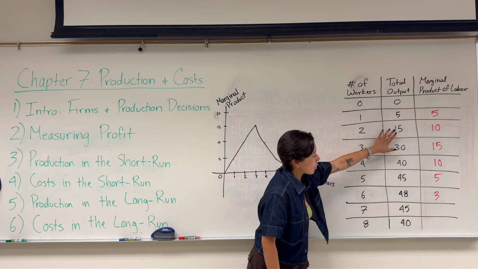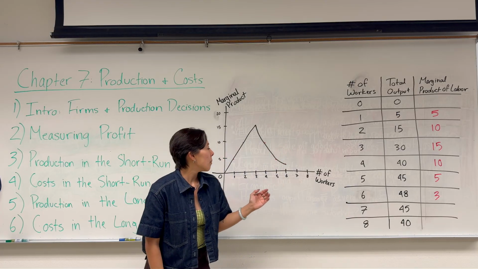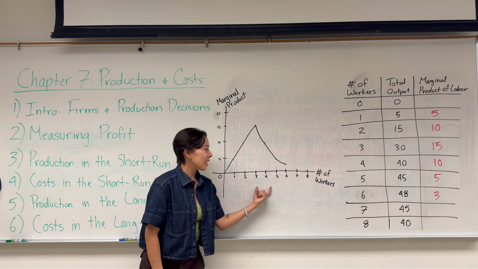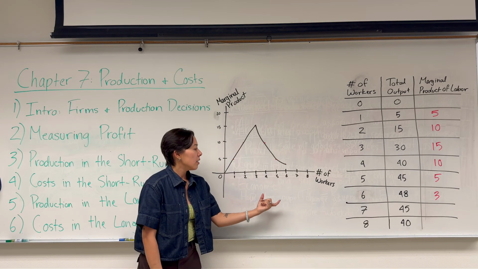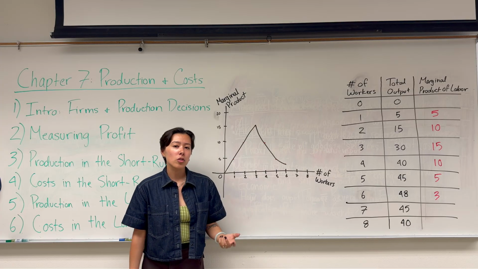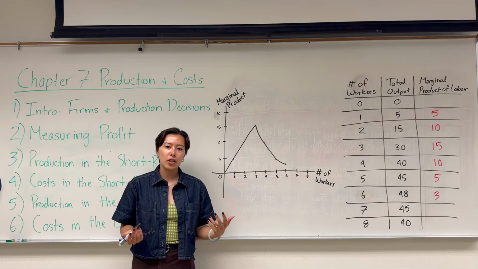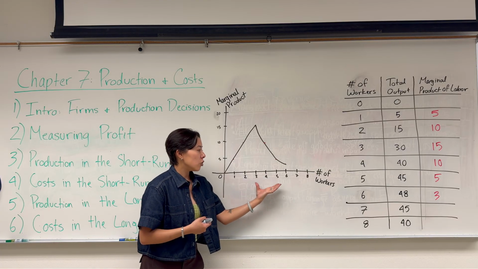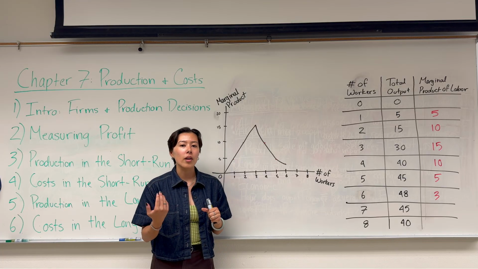Total output is still increasing as I continue to hire up until this sixth worker. But past 3 workers, each additional worker is less productive than the one that came before them. So at this point, when I'm hiring workers 4, 5, and 6, I've kind of exhausted these benefits from specialization and the division of labor. New workers are still helping me to produce more, but my restaurant is getting more and more crowded.